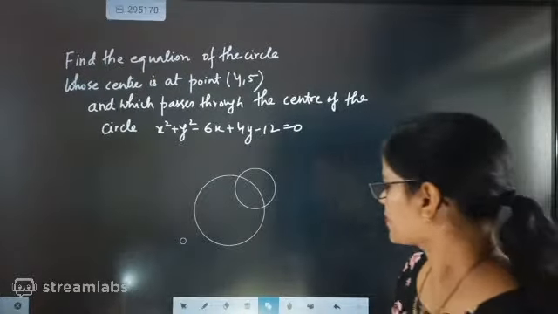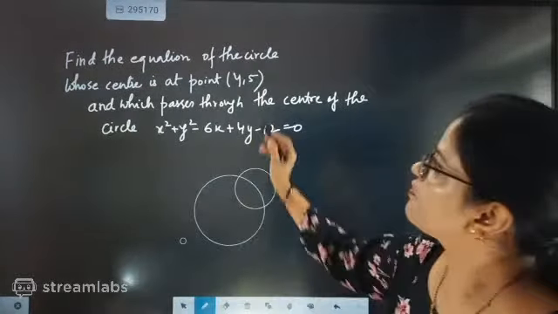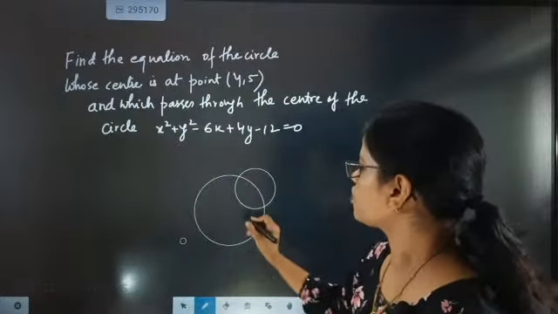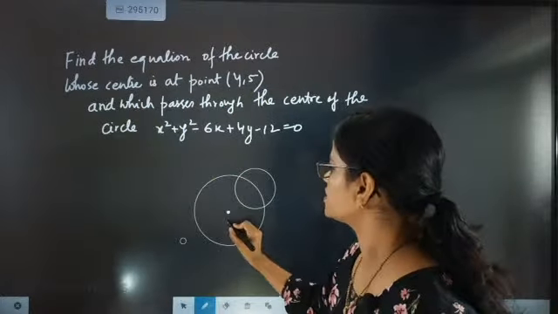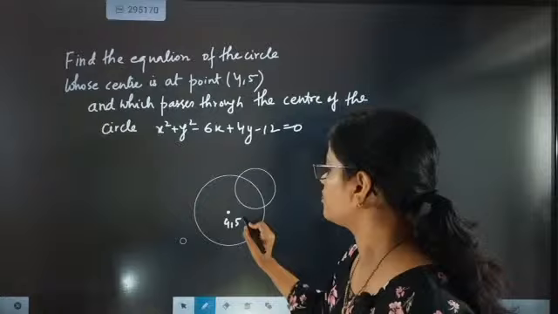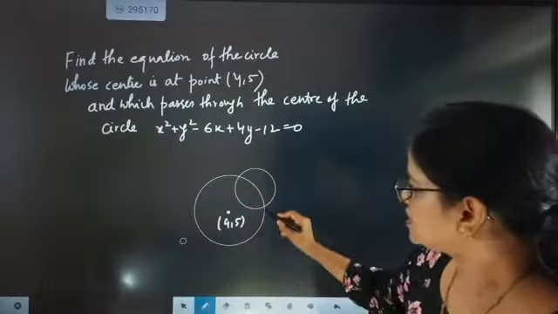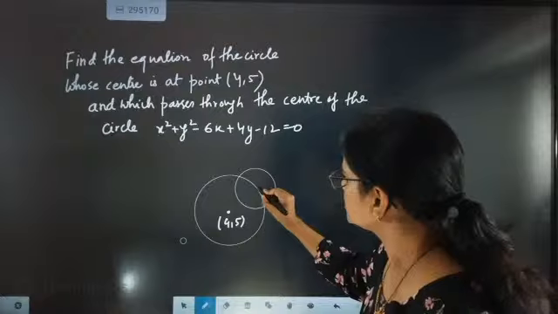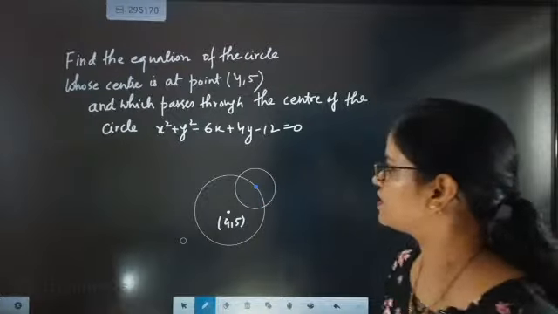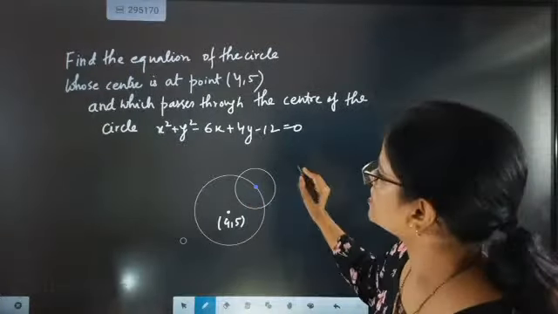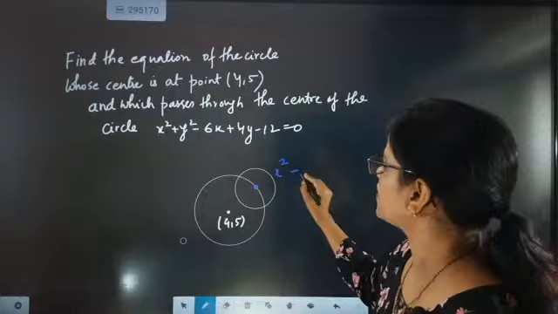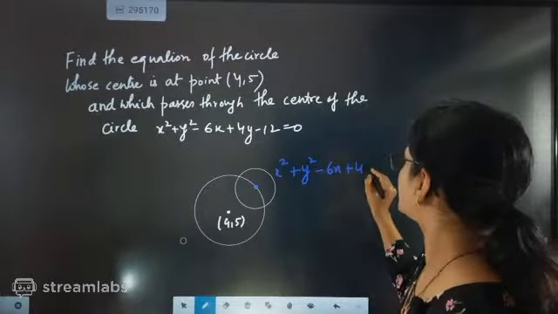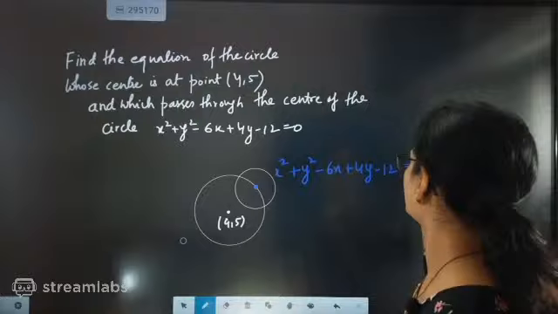Now it is okay. Now exactly what is given. Find the equation of the circle whose center is at point 4, 5. So now this circle's center is 4, 5. And this circle is passing through the center of another circle, and the equation of that circle given to you is x square plus y square minus 6x plus 4y minus 12 equal to 0.